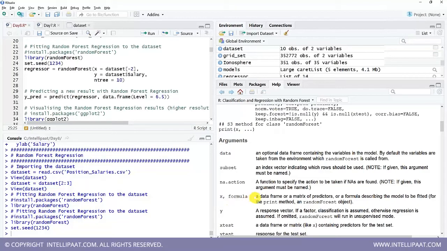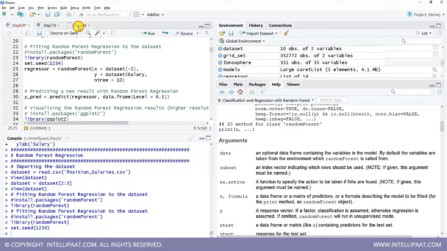What is x? x is a data frame first. It's a data frame. It's not a vector that we need to know, because when you pass vectors to x, this function is going to fail. You should pass a data frame, okay, or a matrix of predictors. Matrix of predictors means all the predictor variables.